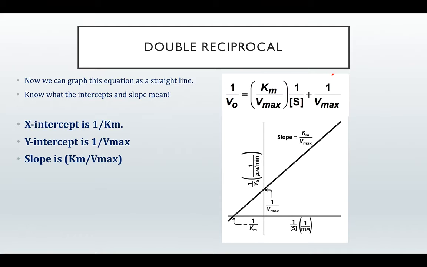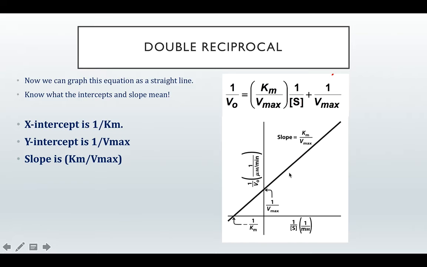If you know this double reciprocal equation at the top in y equals mx plus b format, then this is what we are graphing. If you can look at this graph, you can pick out the individual pieces: the x-intercept, the y-intercept, and you can calculate the slope.